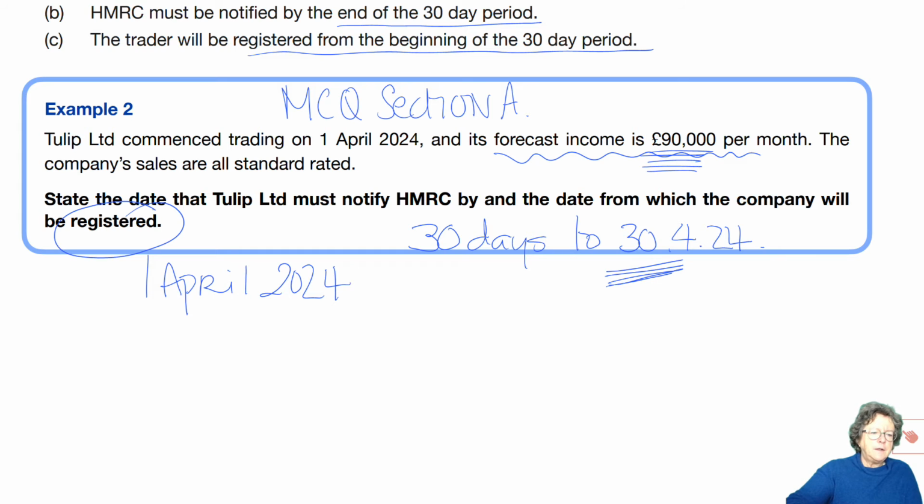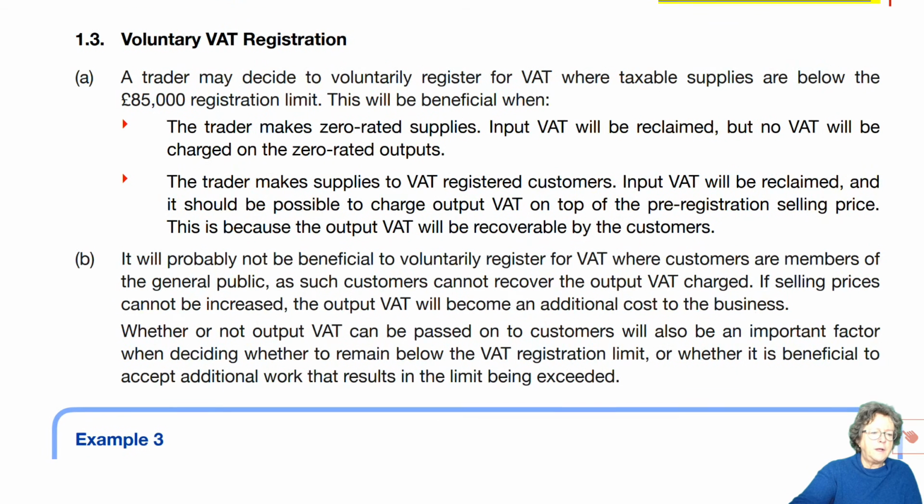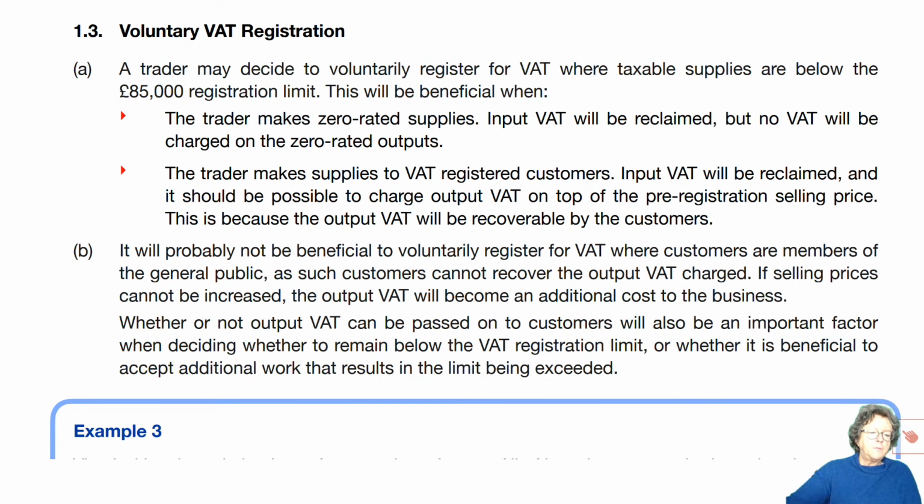Now, you can voluntarily register for VAT. There might be some reasons why it's beneficial. So if they are making zero rated supplies, they can register for VAT. They don't need to account for output VAT, but they can then reclaim the input VAT, which will give them a refund every month or every quarter or once a year.